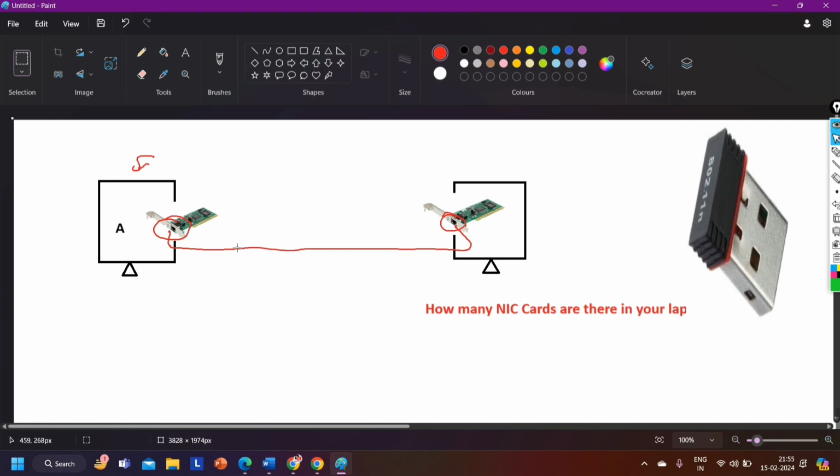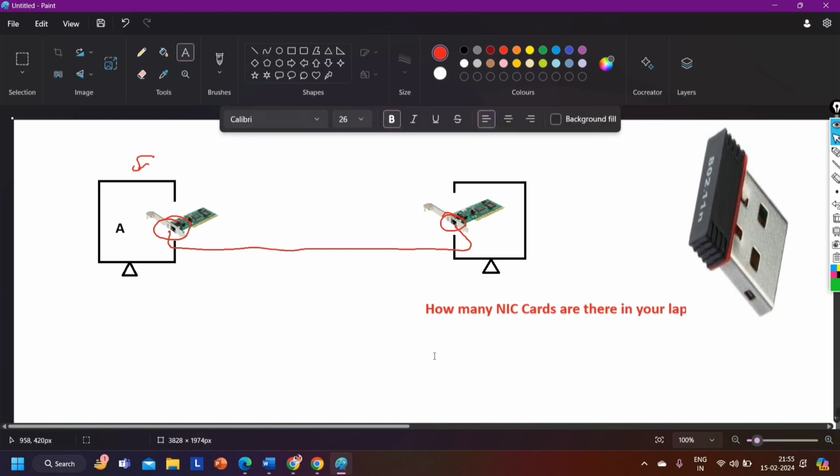And guys, now the second question: how many IP addresses can I configure on a computer? It depends on how many NICs are available. Not only one, because you have multiple port interfaces to connect your computer to the network. That means you can configure multiple IP addresses.